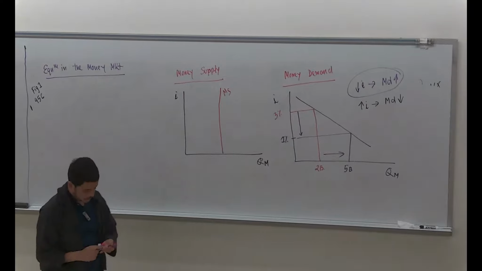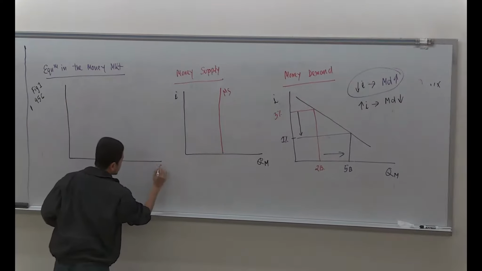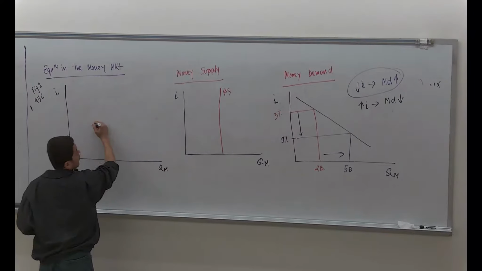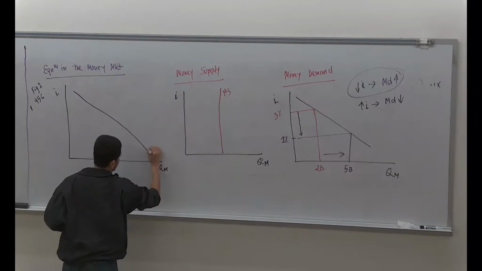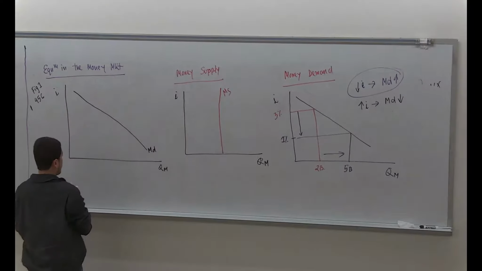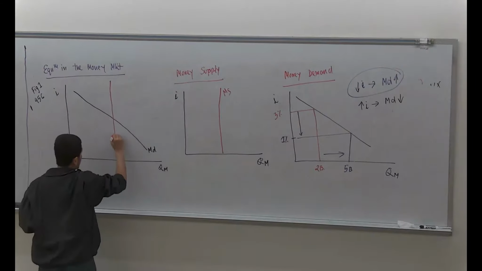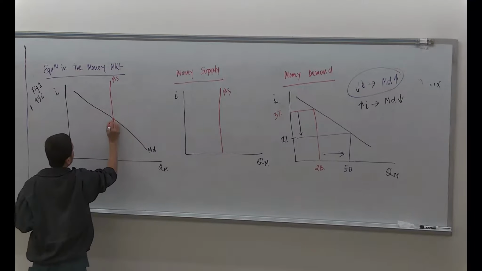So what is here, this is the quantity of money, right? This is the interest rate, and this is our money demand, downward sloping, right? And we have money supply, fixed. This is our money supply, and this is our equilibrium interest rate.